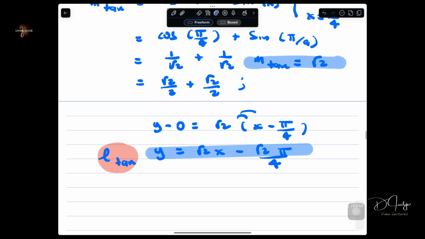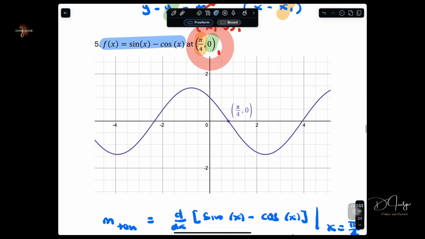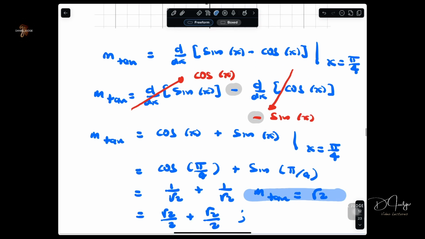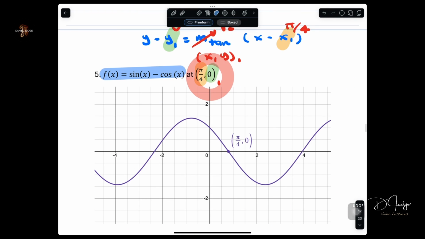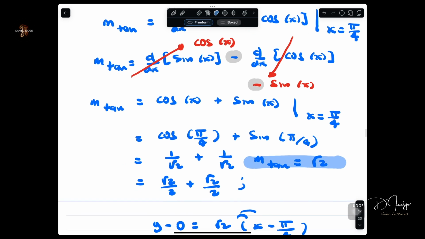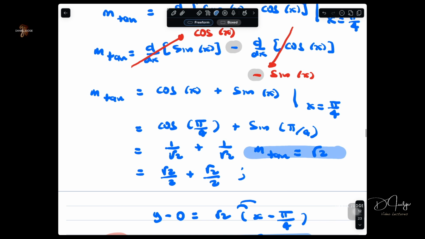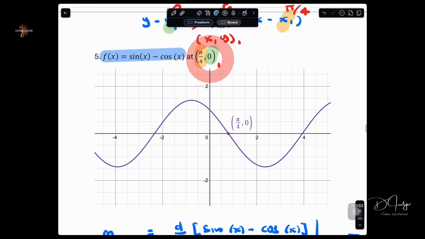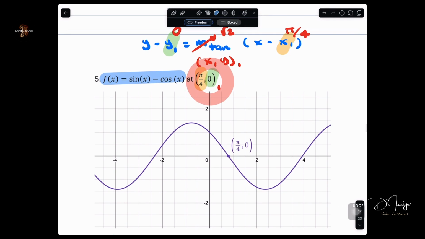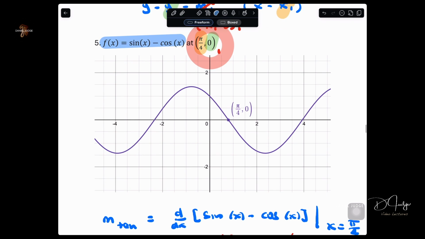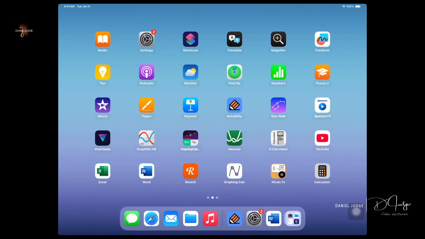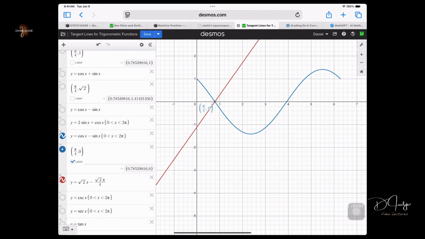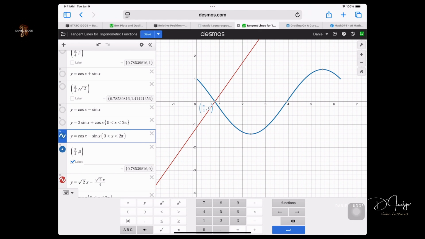Let's see. It's cosine, sine minus cosine. X is pi over 4. Okay. Something's not right. Sine minus cosine. There it is.